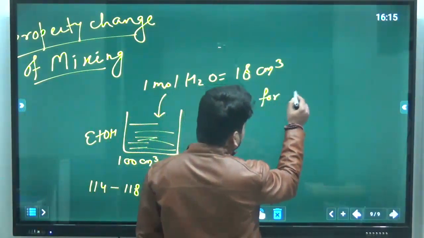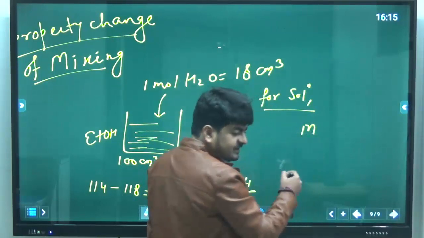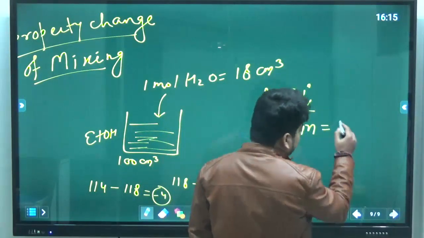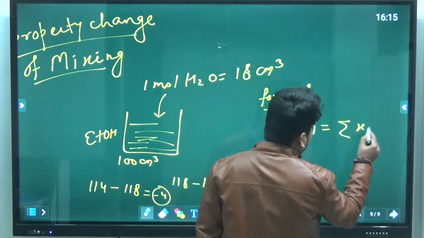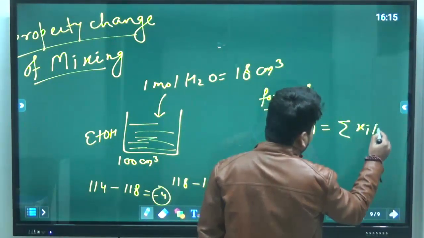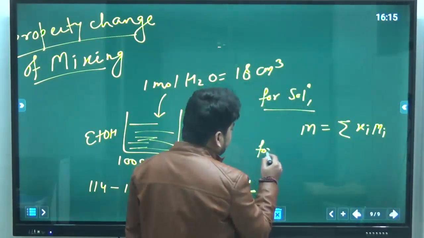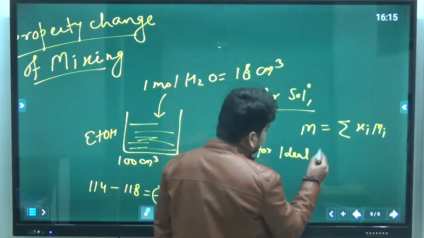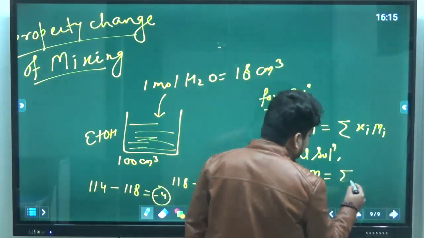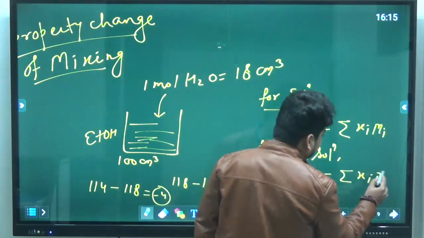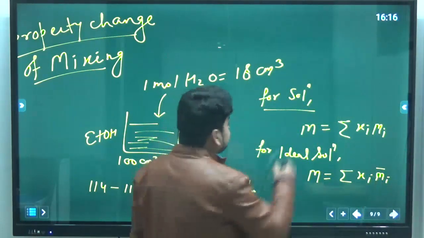So we know that for any solution, the molar property of the solution I can calculate as summation of xi into mi. But if I talk about the ideal solution, it will be summation of xi into mi bar.